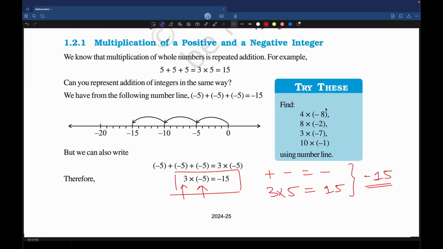Let's solve all this. One sign positive, one sign negative, plus into minus is minus, so we have minus 4 8s are 32, 8 2s are 16, 7 3s are 21, and we have minus 10.